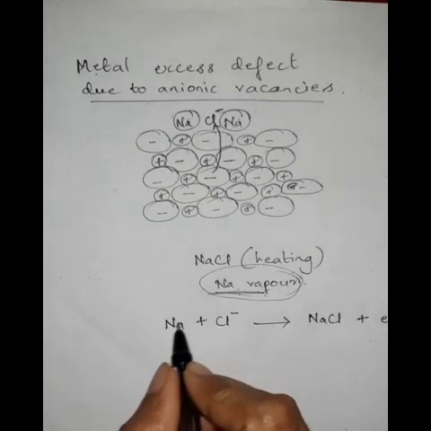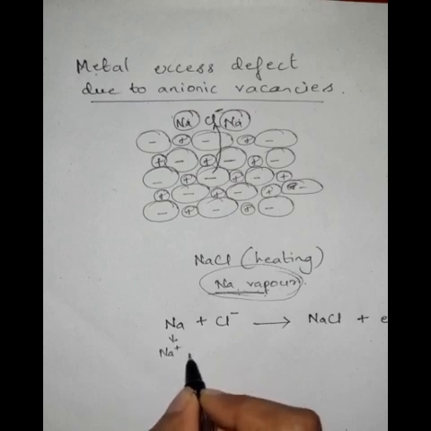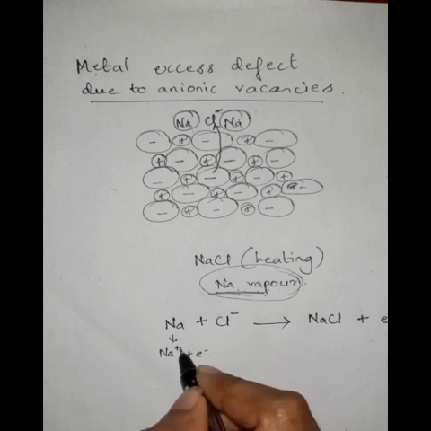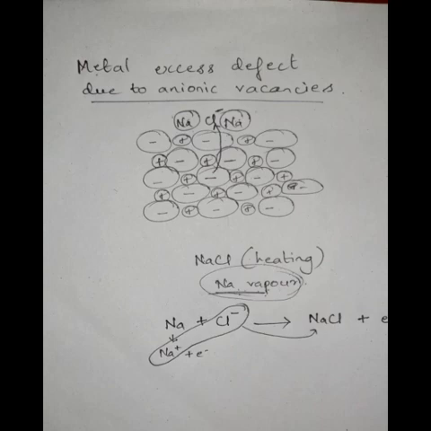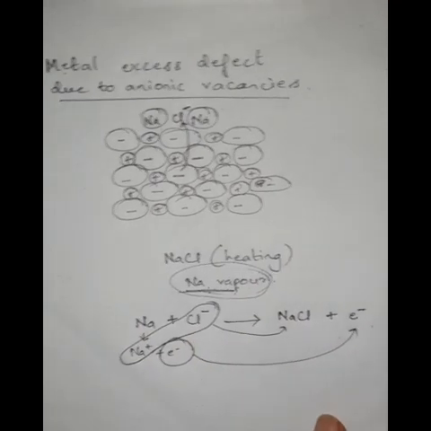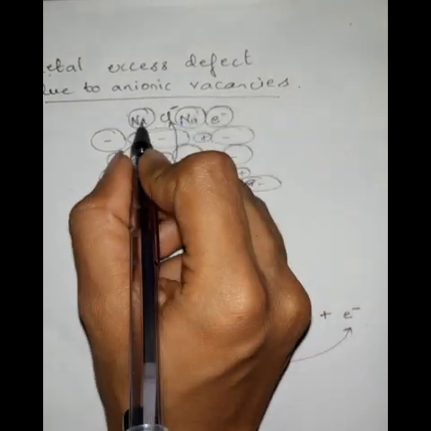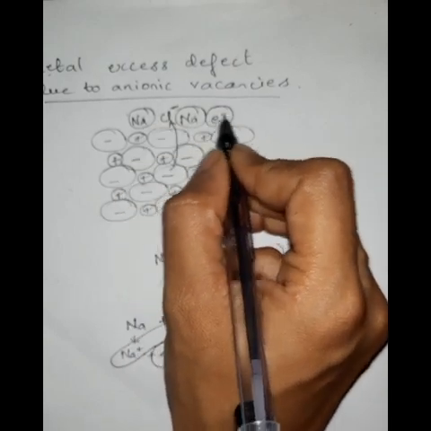If this sodium should combine with Cl-, this Na should become Na+ plus an electron, right? Then this Na+ will combine with this Cl- to give NaCl, and this electron will be remaining. So when Na+ and Cl- combine, you get NaCl plus one electron.